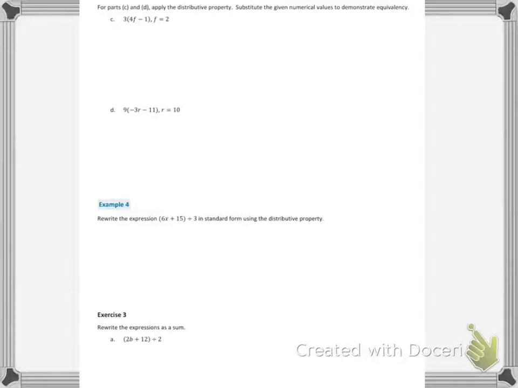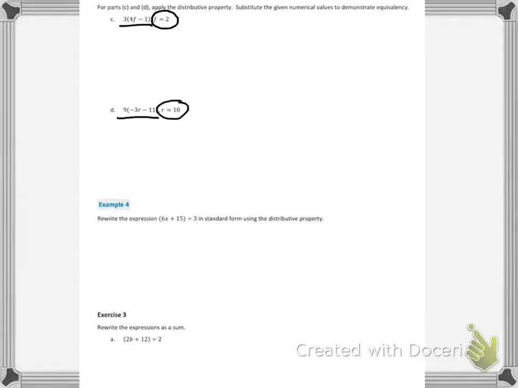Okay, so now for parts C and D of this exercise 2, go ahead and apply the distributive property and then substitute the given numerical values to demonstrate equivalency. Again, you're going to use the distributive property here to come up with an equivalent expression, and then you're going to plug in 2 for F here, and in this case you're going to make an equivalent expression to this using the distributive property.